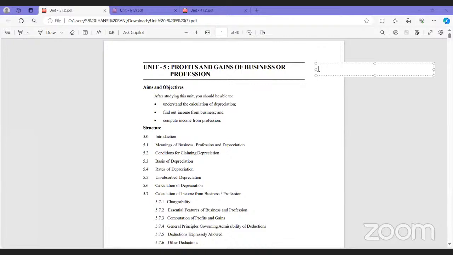So when I'm paying tax as a business person, I always try to show less profits so that I can escape the tax liability. In this case, the income tax department will not allow me to pay tax on whatever I show as my income.